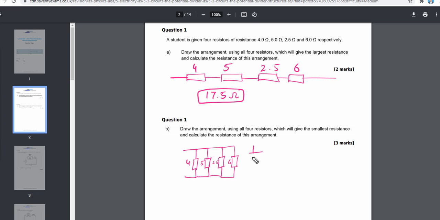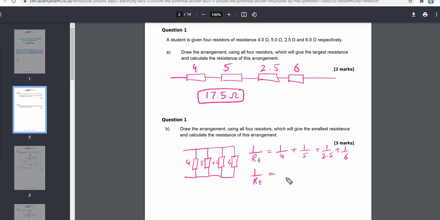So the total resistance will be like 1 over R total equals 1 over 4 plus 1 over 5 plus 1 over 2.5 plus 1 over 6. So 1 over R total will become equal to, let me just add them quickly.